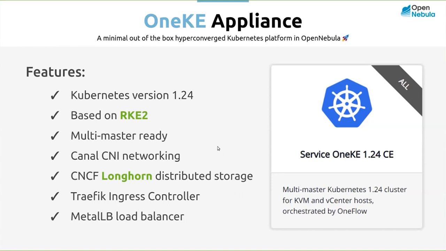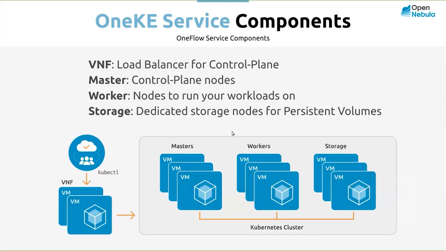And of course, we use Longhorn as the distributed storage. So basically, this OneKE is supposed to be an easy to use solution that comes with all these things. You deploy it, and you should be able to deploy most of the Helm charts. Can you switch the slide?